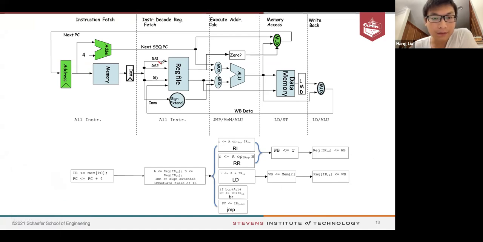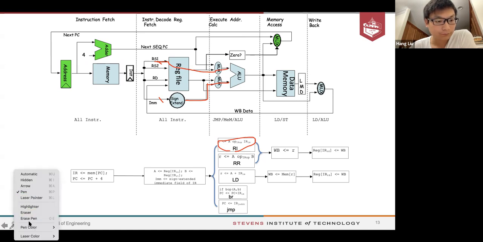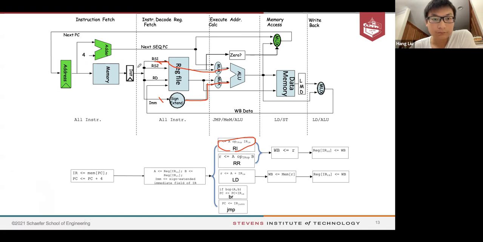Assuming you take this and this, it actually goes here and here. So this is the typical case of RI. RR would be these two cases.